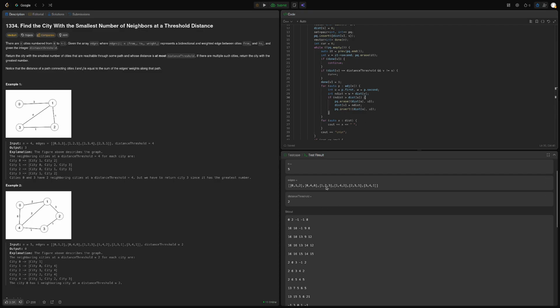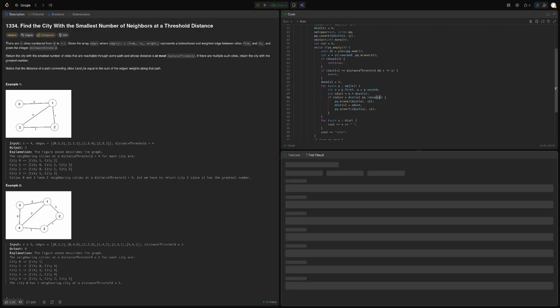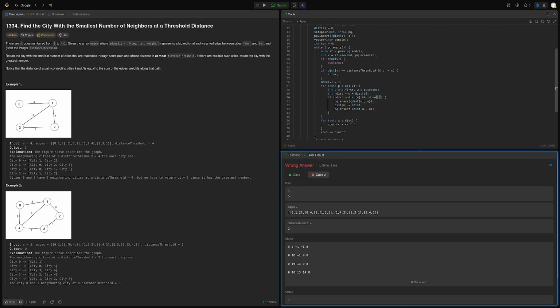How is that possible? How is this distance 60? How can you get to that vertex in 10?